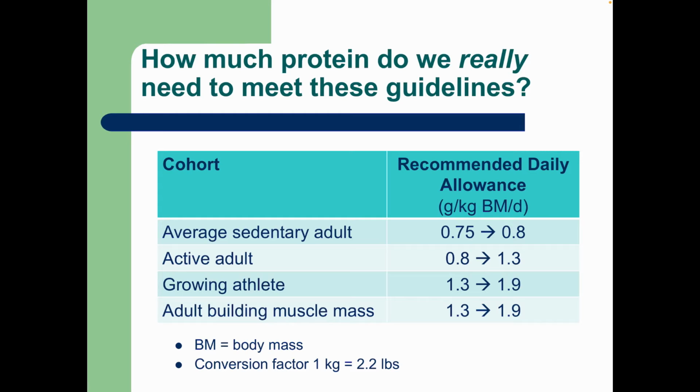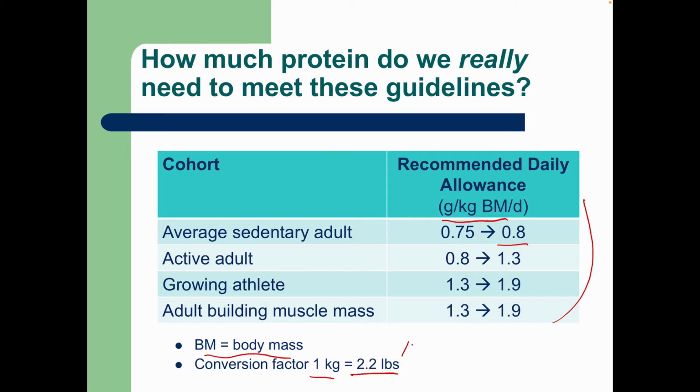So here we can see the recommendations to meet the guidelines. So these measures are reported in grams per kilogram of body mass per day. So you can calculate this here. We can see here our body mass. So again, we convert our weight from pounds to kilograms by division.